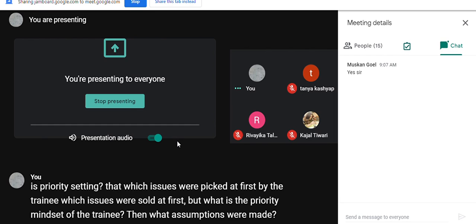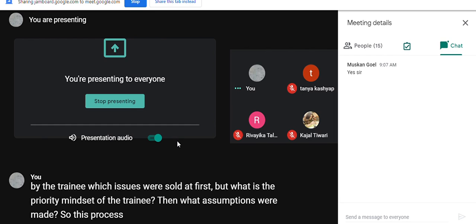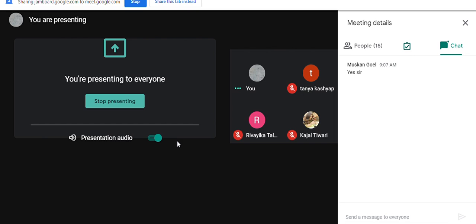So this process involves a very healthy competition. It develops procedural and strategic knowledge.